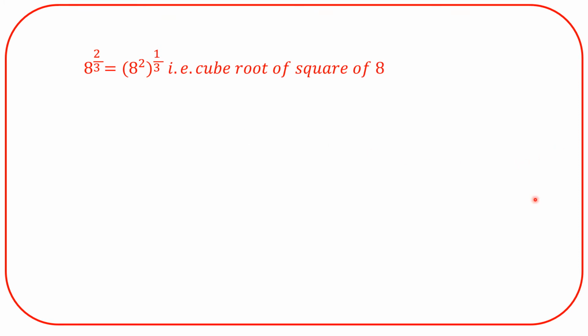Same example, 8 raised to power 2 upon 3. We write 8 raised to power 1 upon 3, raised to 2. That is the square of the cube root of 8.